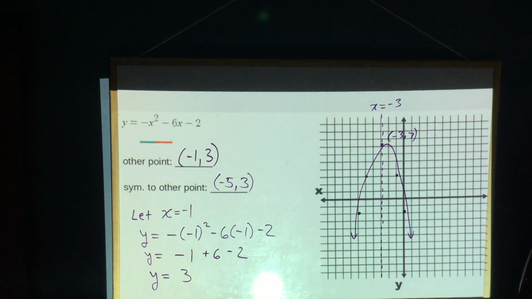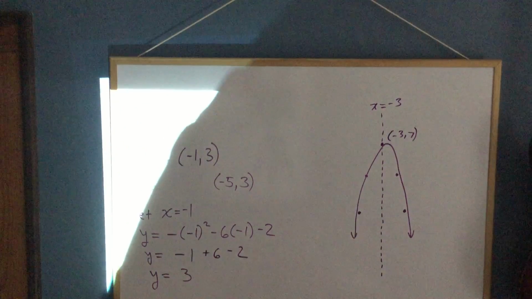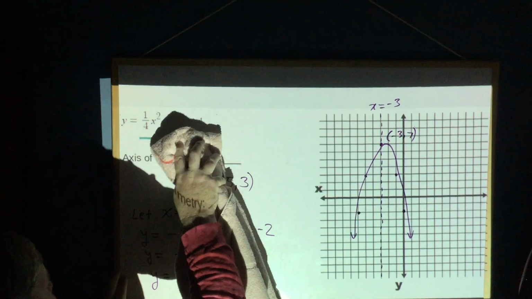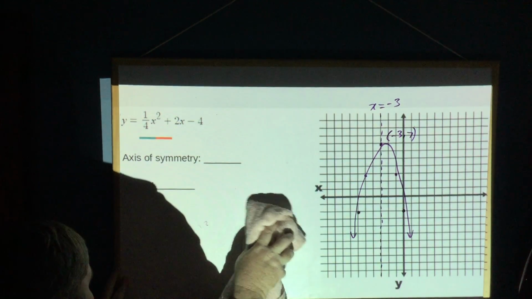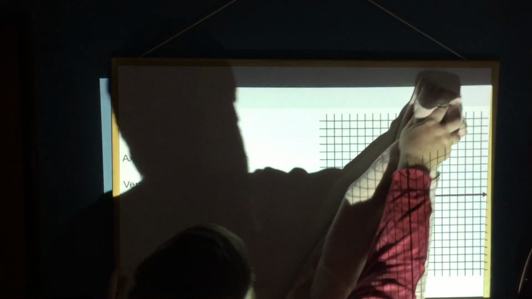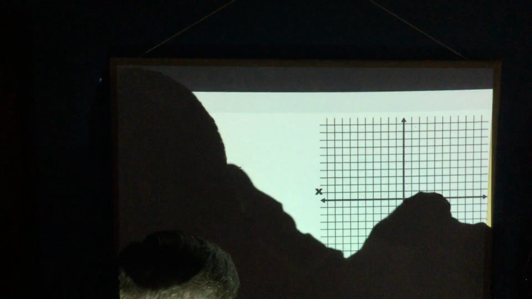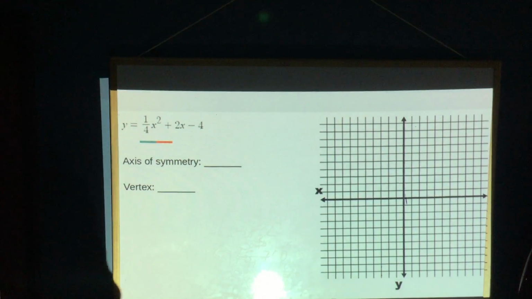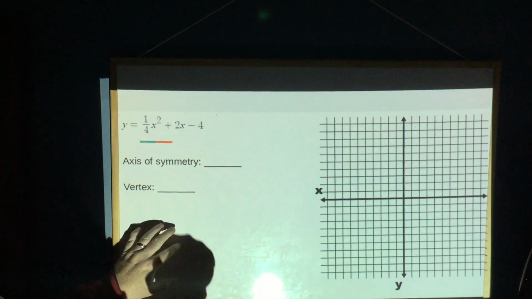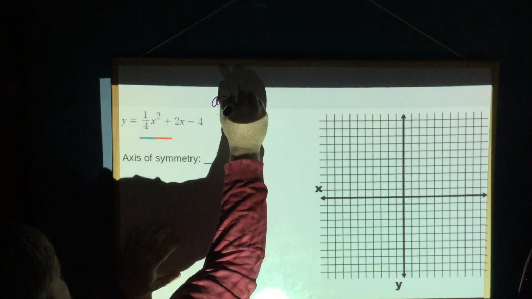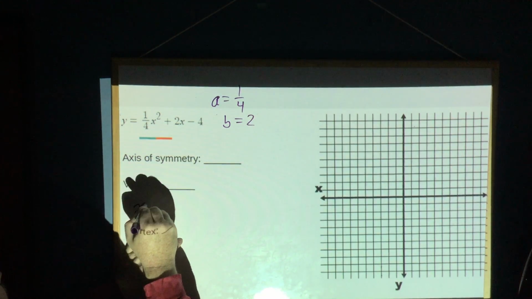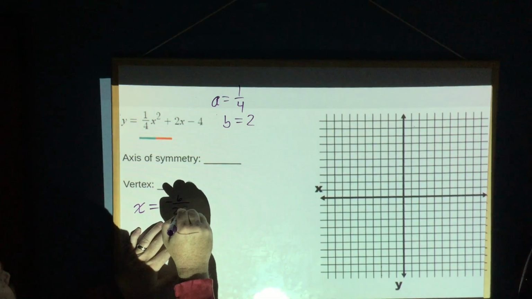All right, I got one last one. I had to bring up one of those evil fractions that we can work with here. A is 1/4, B is 2, so x equals -b over 2a.